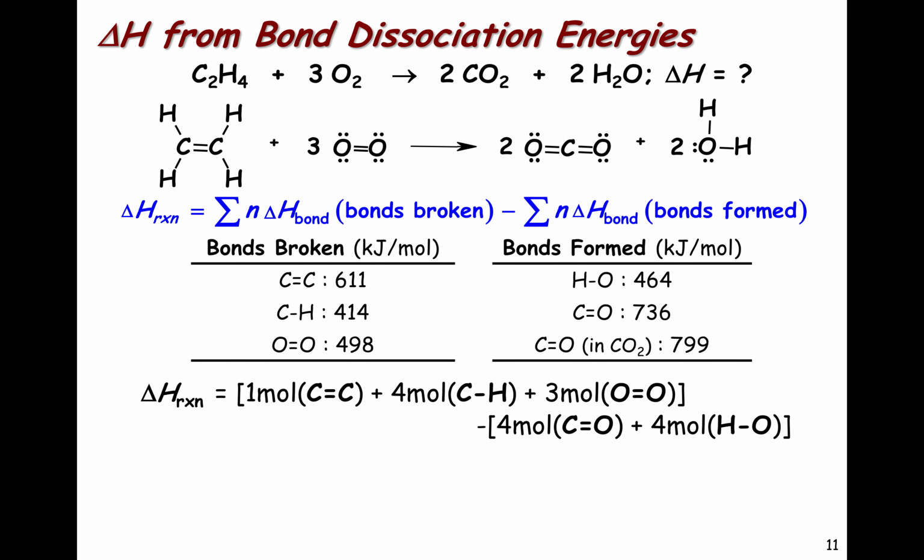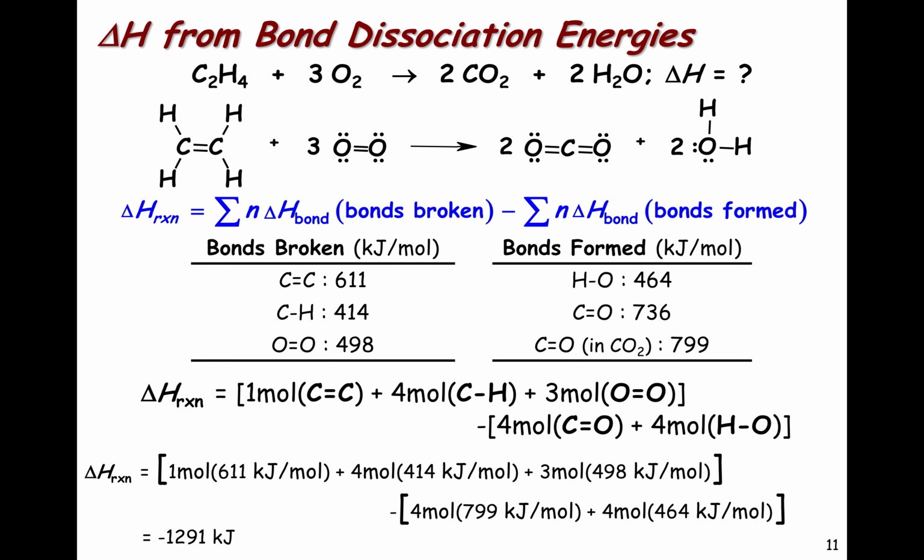All right, so we're going to sum these all together. The bonds that are being broken are 1 carbon-carbon double bond, 4 CH bonds, and 3 OO double bonds. And then we subtract away the 4 carbon-oxygen double bonds and the 4 OH bonds.